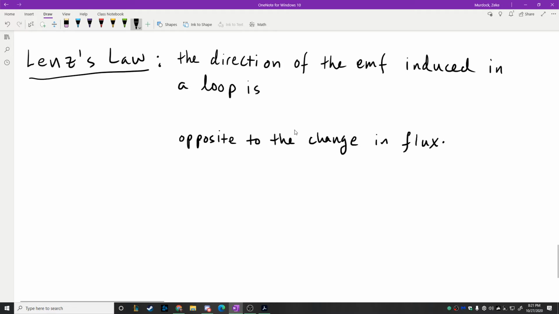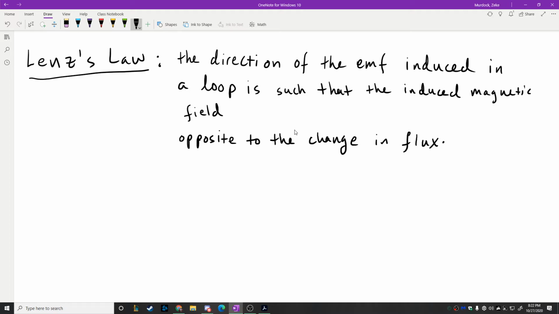The direction of the induced EMF in a loop is such that the magnetic field, what we call the induced magnetic field, points opposite to the change in flux.